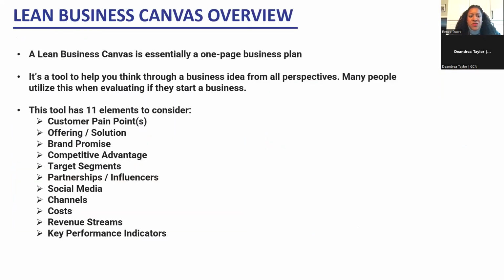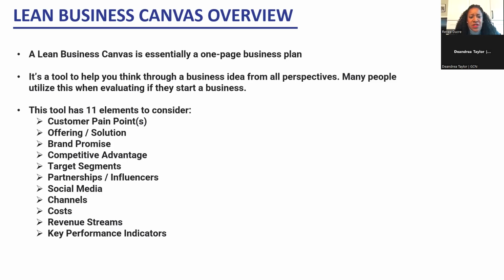And so what we're going to do today, the Lean Business Canvas, is really a one-page business plan. We're going to step through each piece of it today. There are many schools of thought on the number of elements you should focus on, but I add in a digital perspective because I just think it's needed.